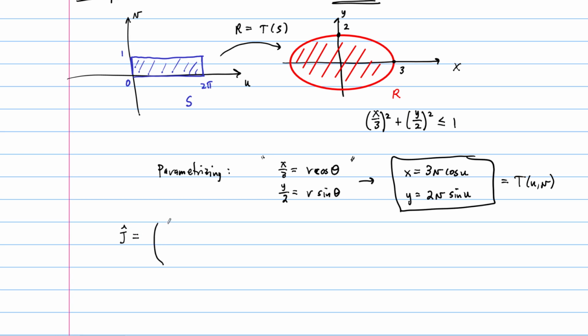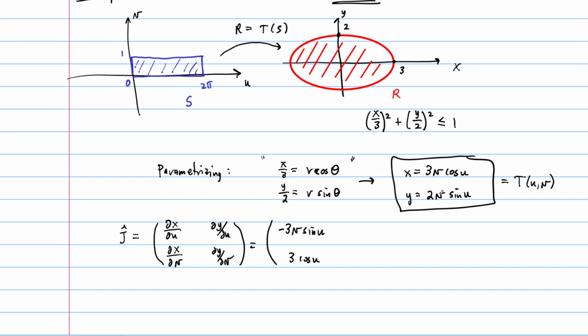The matrix that we start with is dx/du, dx/dv in the first column, dy/du, and dy/dv in the second column. And we just compute. So dx/du, the derivative of cosine of u with respect to u, is minus sine, so this is going to be minus 3v sine of u. dx/dv is just going to be 3 cosine of u.